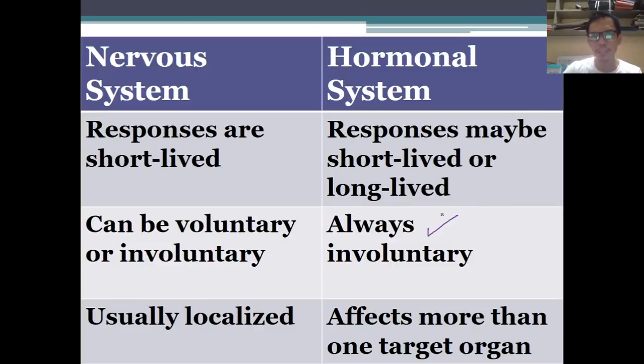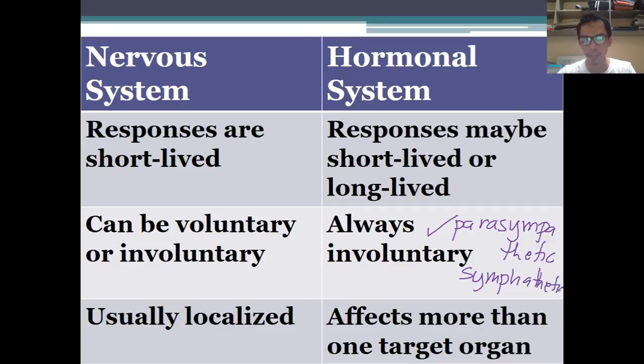This means the endocrine system works hand in hand with the parasympathetic division of the autonomic nervous system, and we will not forget the sympathetic nervous system. It works together with the autonomic nervous system to perform involuntary work, meaning the hormones are secreted involuntarily.